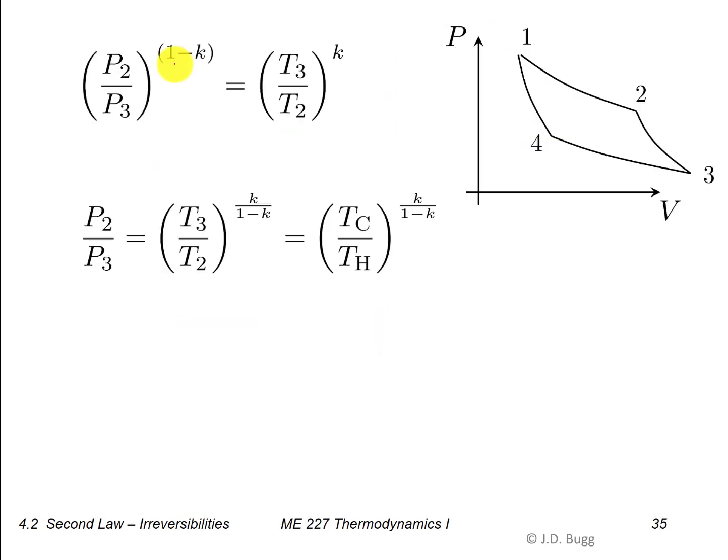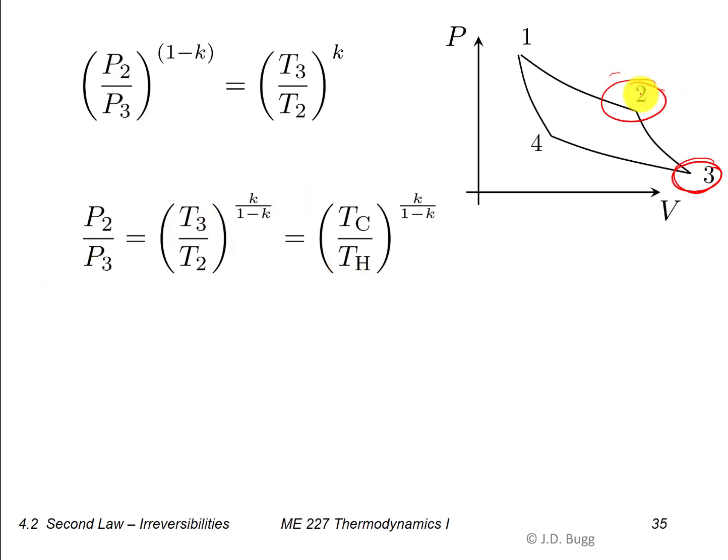And then we get rid of this exponent by raising both sides of this equation to the power 1 over 1 minus K. So we just have our pressure ratio here. This temperature ratio then has an exponent of K over 1 minus K. And here we recognize that T3 is Tc and T2 is Th. So we just rename those temperatures Tc and Th.